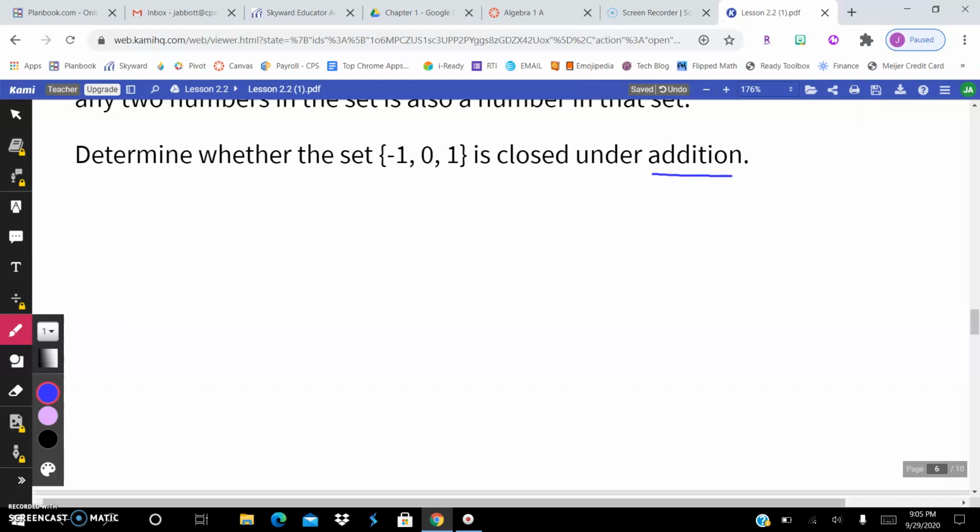So if I start with this -1, I'm going to do -1 plus 0, and I'm going to do -1 plus 1. So basically I'm going to add each number together. I have to make all the different pairings here. And then if I have 0, I can do 0 plus the negative 1, and I can do 0 plus 1. And then that 1, I have 1 plus negative 1 and 1 plus 0.